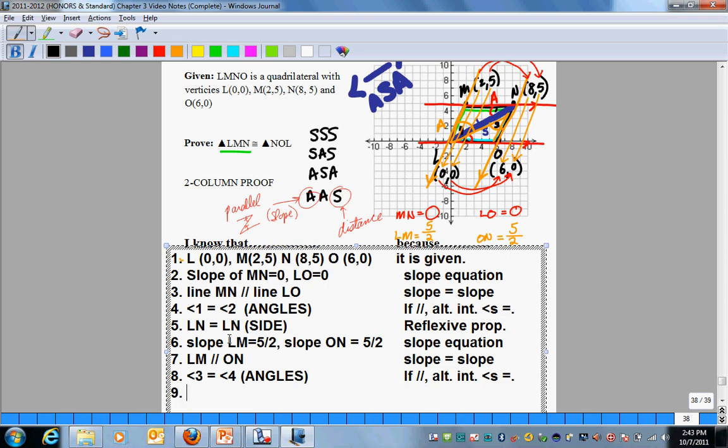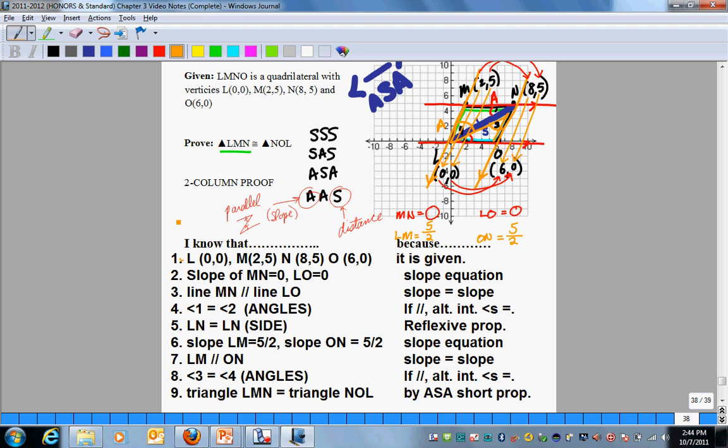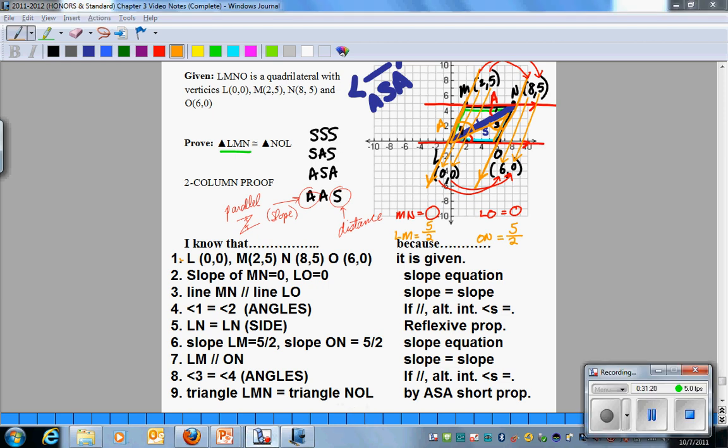So now I can finally say that triangle LMN is congruent to triangle NOL by the angle side angle shortcut property. So that is an example of a 2-column proof, a 2-column coordinate proof.